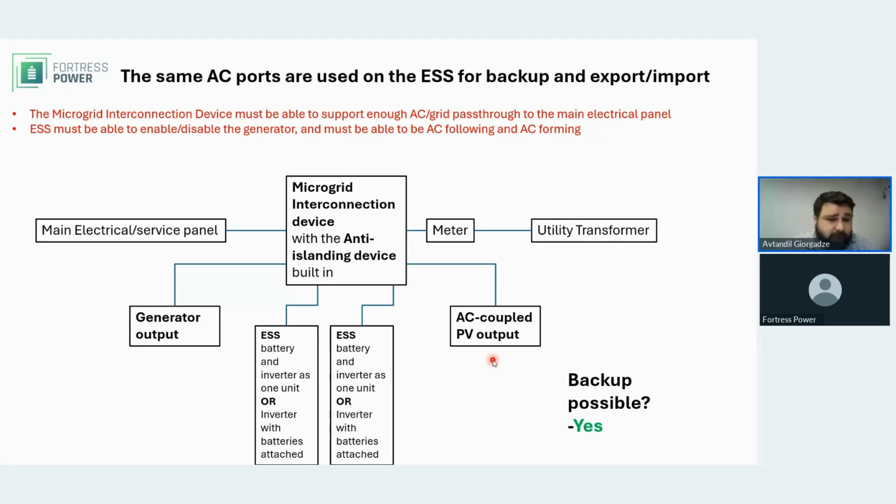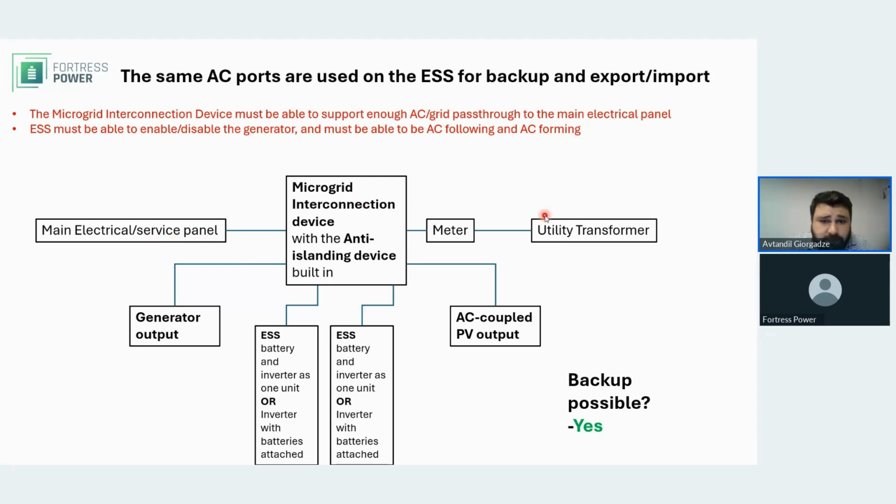But if it so happens that at some point your PV is not producing enough power, your batteries are depleted, then the microgrid interconnection device, since it has the generator connected directly to it, should be able to start the generator, and power from the generator will flow through the microgrid interconnection device to the main electrical panel.